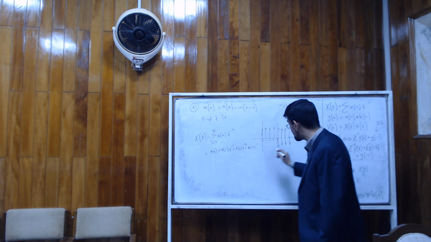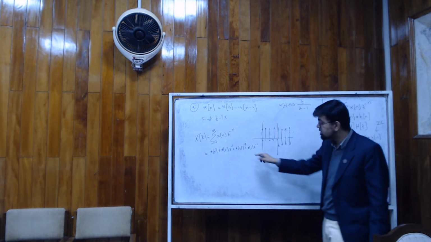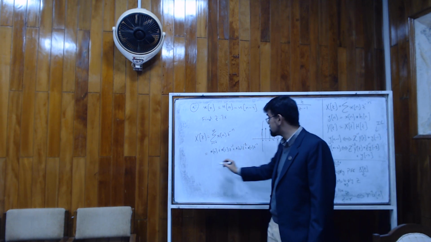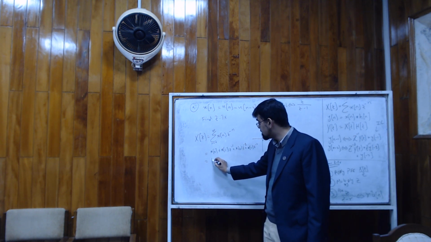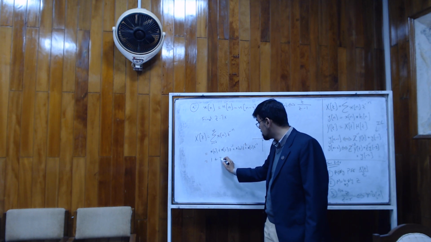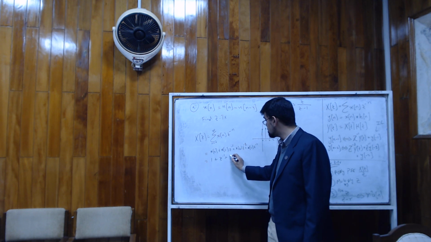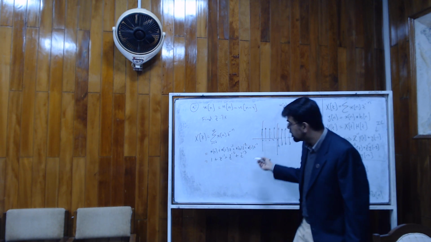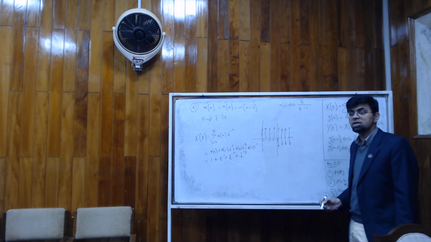Now it goes further, but I know x becomes 0 after that, so I drop all of those. What is x[0]? It's 1. x[1]? 1. x[2]? 1. x[3]? Also 1. So this is the Z transform of this function.